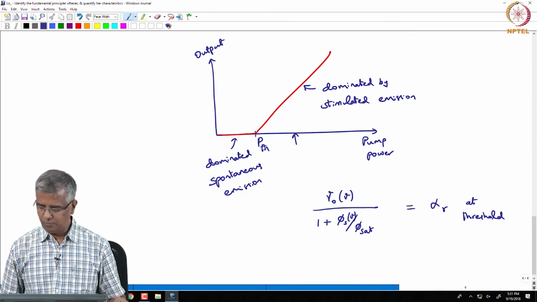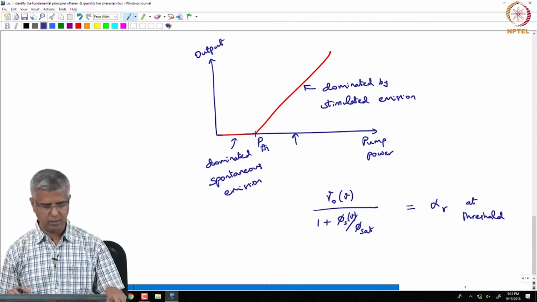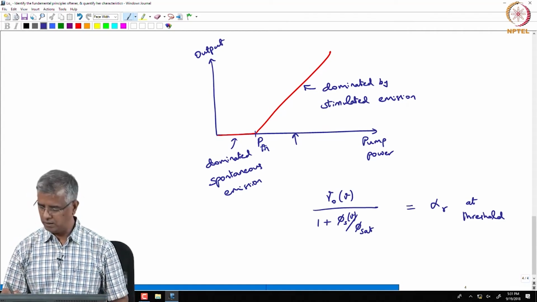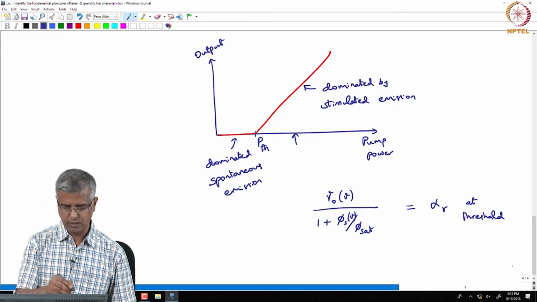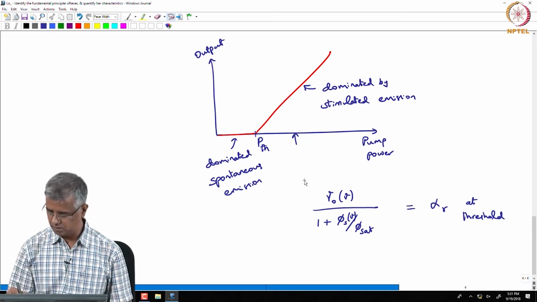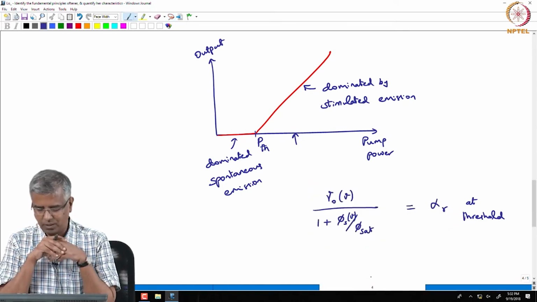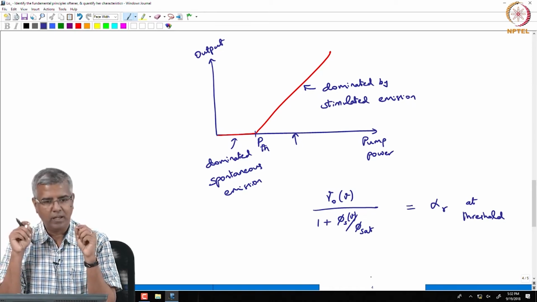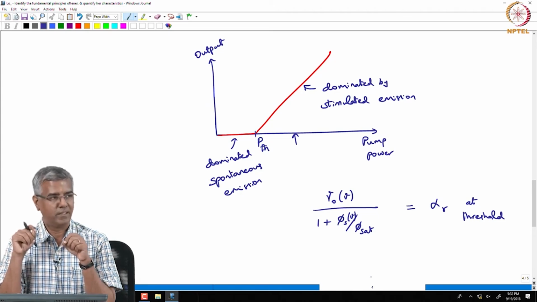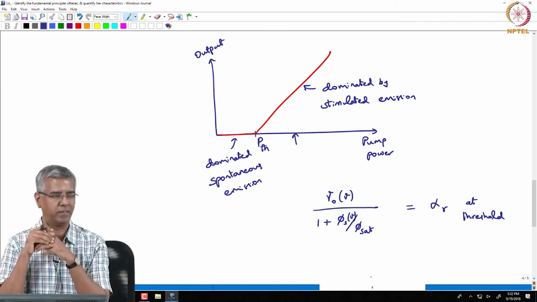Okay. So, if you have this condition, then you can rewrite this expression in terms of phi s. Okay. The question is what happens to the signal photons that we are giving into the system. For an amplifier, you have some weak signal photons coming in, you are getting amplification, right.